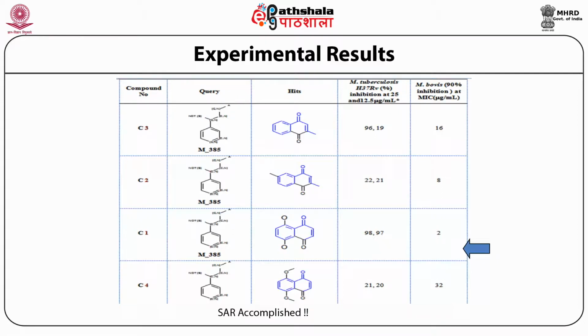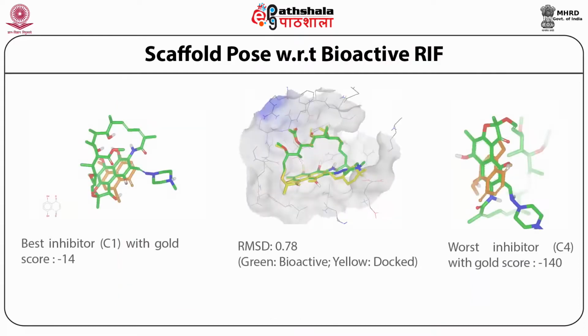This data also shows that SAR is accomplished, because consistently, by changing 1 or 2 fragments, we get very consistent increments or decrements, with 90% inhibition of M. bovis. Using these molecules, we docked all of them and took them to the next study: how they are posed with respect to bioactive RIF.